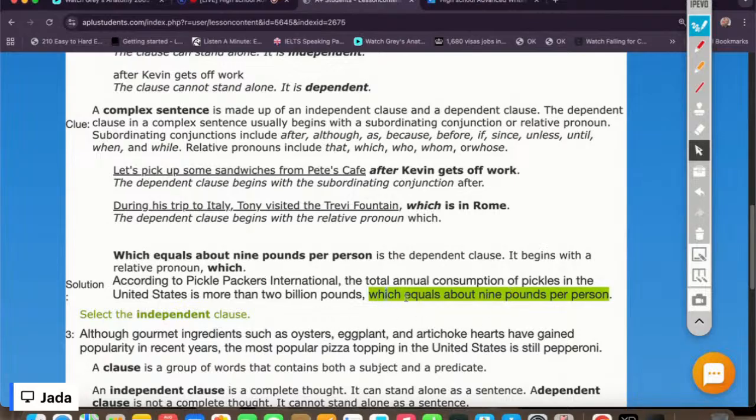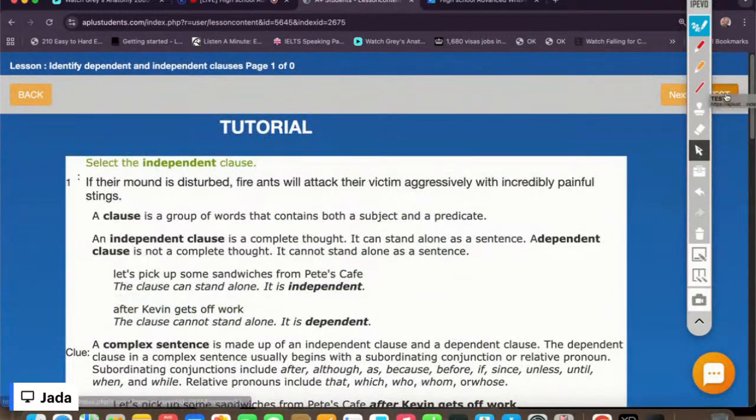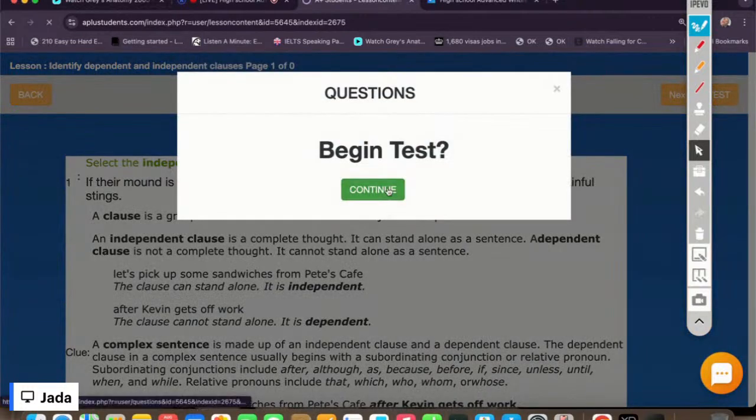Alright, so we have which equals about 9 pounds per person. So which here is a relative pronoun, and that's the start of the dependent clause.